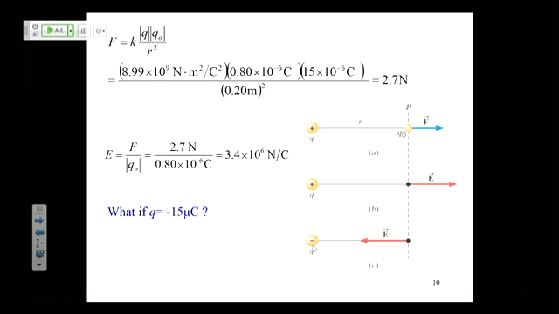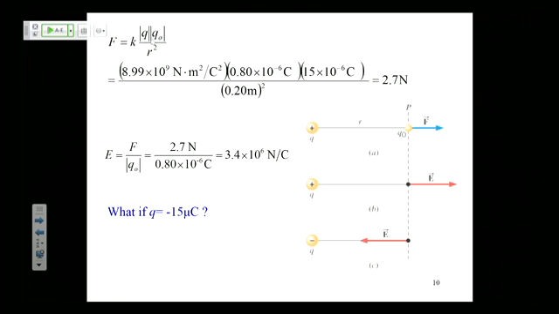What is 8.99? Oh, this is the test charge. Let's go back to Coulomb's law. In Coulomb's law, you have Q and you have Q naught.